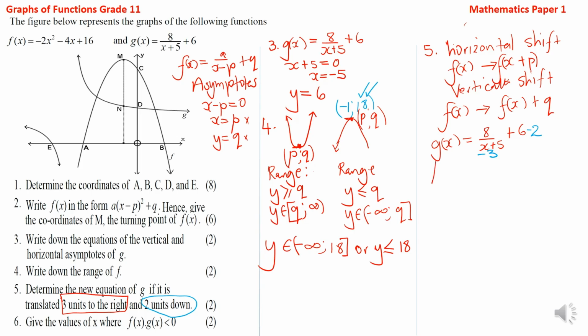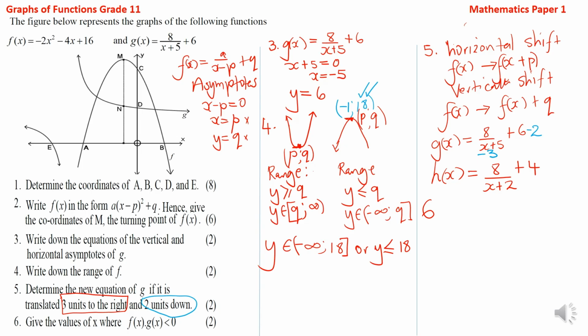I'm going to call the new equation h of x. h of x will equal 8 divided by x plus 5 minus 3, that gives me x plus 2. Then 6 minus 2 gives me 4. So the new equation after doing those two movements is 8 over x plus 2, plus 4. That answers question number 5. Then question number 6.